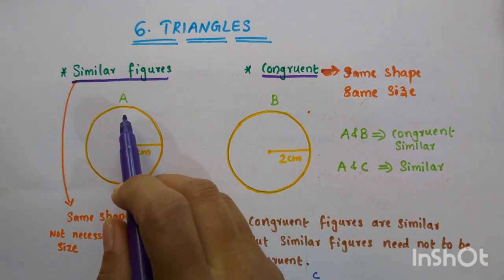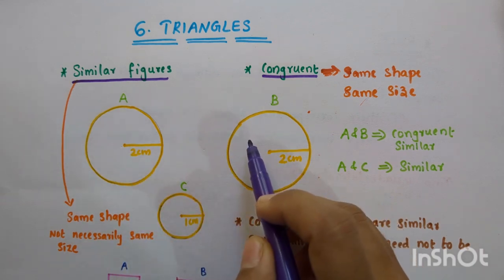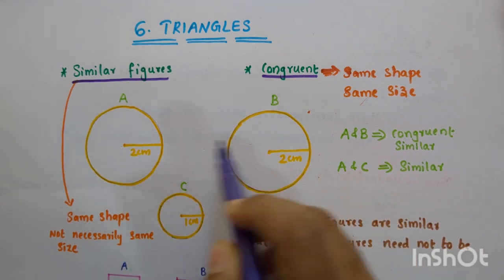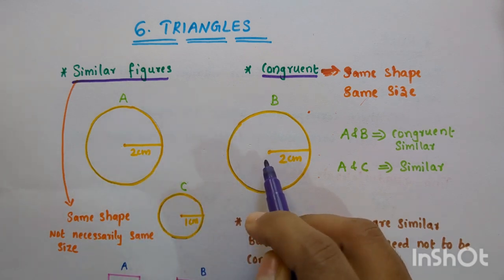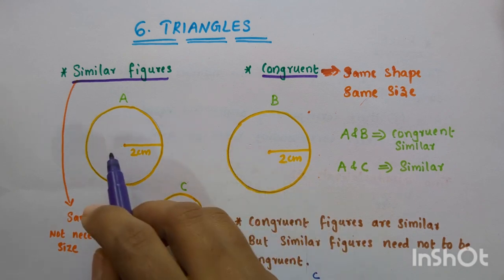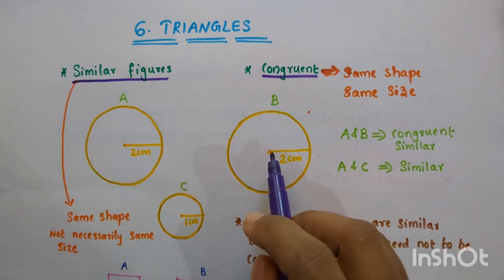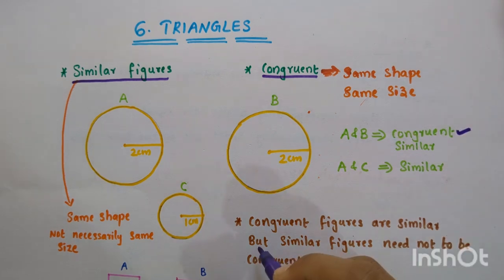I just named one circle A and this is circle B. These two circles have the same shape and same size, because both have the same radius. So the circles A and B are congruent.